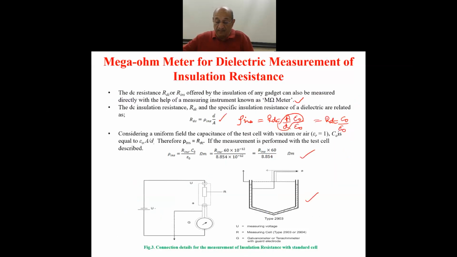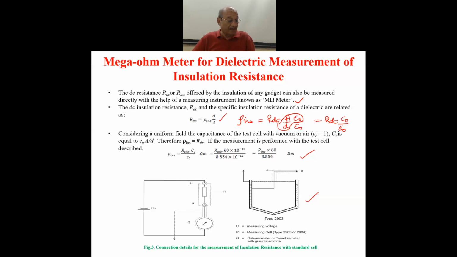So when you put the values of C naught to be 60 picofarad, epsilon naught equal to 8.854 into 10 to the power minus 12 farads per meter, you get the specific insulation resistance to be of the order of R insulation into 60 by 8.854 ohm meters.